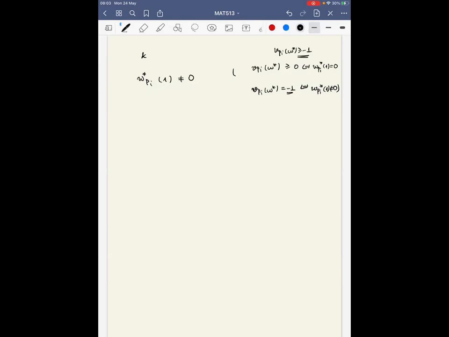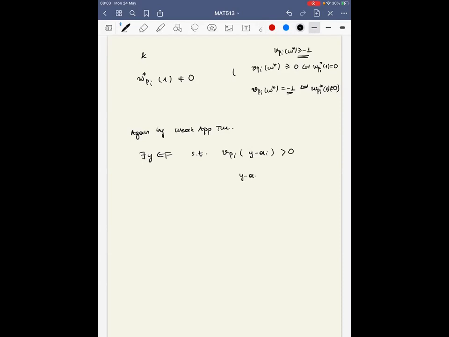And again, by the weak approximation theorem, in this case, we can guarantee the existence of a function y such that v_Pi of y minus ai is strictly positive.